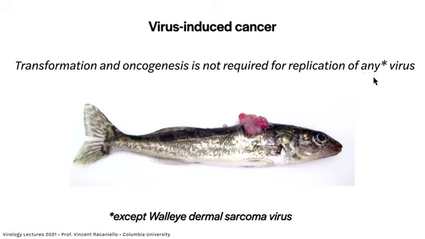And a number of years ago, I had to put an asterisk here because it turns out that there is one cancer of fish. This particular fish, the walleye. The virus that causes this cancer is called walleye dermal sarcoma virus.